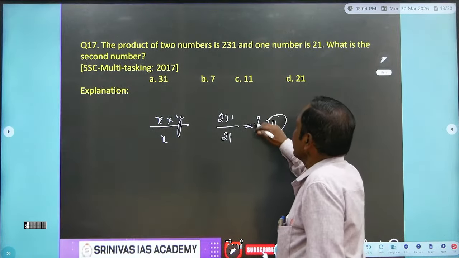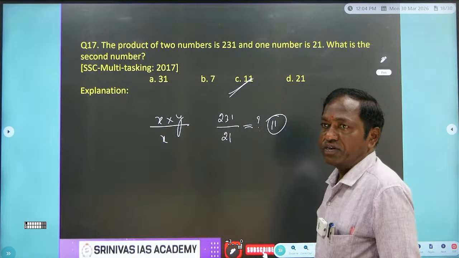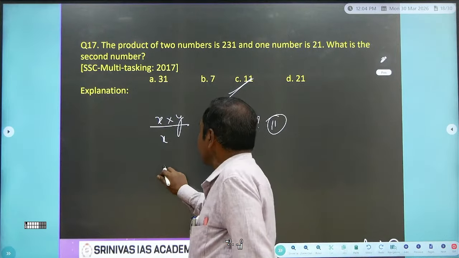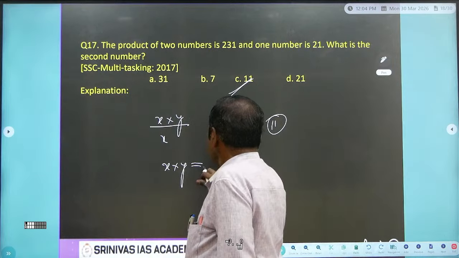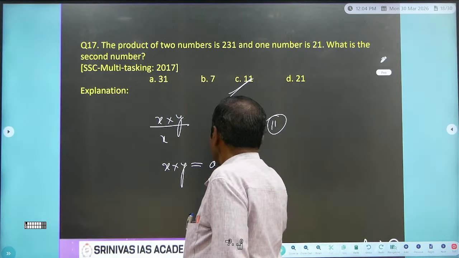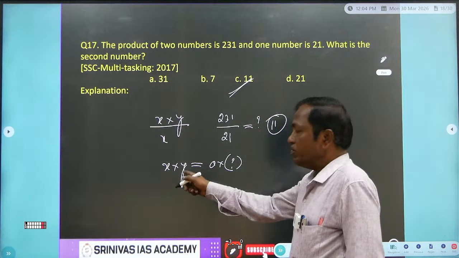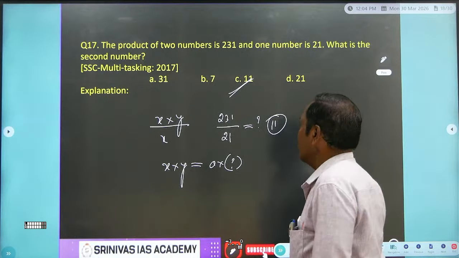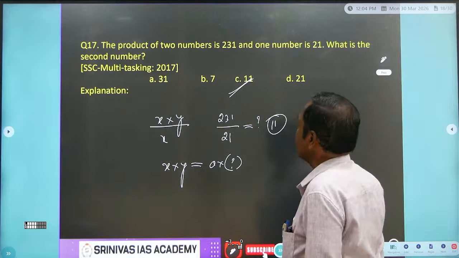This is 11, option C. Or you can write like this: x into y, one number is given, the other is a question mark. That's all. x into y is 231 by 21. So 11 is the answer.